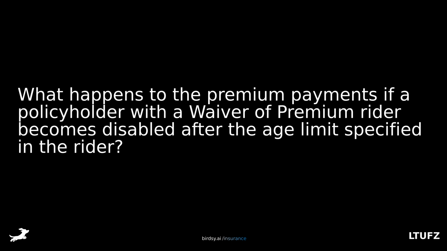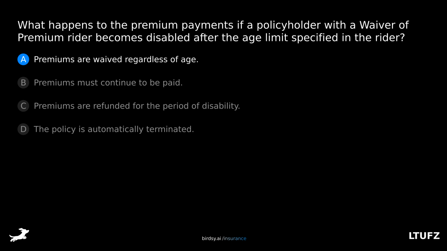What happens to the premium payments if a policyholder with a waiver of premium rider becomes disabled after the age limit specified in the rider? Is it A, premiums are waived regardless of age? B, premiums must continue to be paid? C, premiums are refunded for the period of disability?